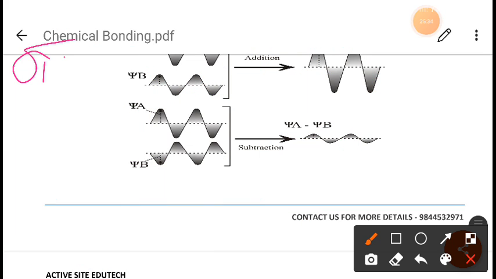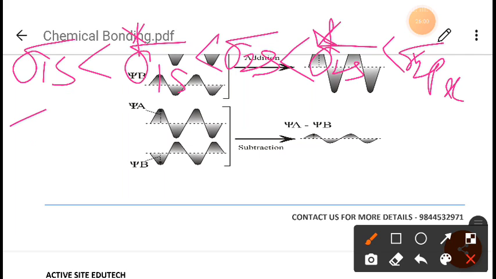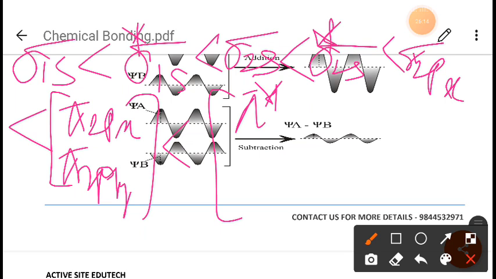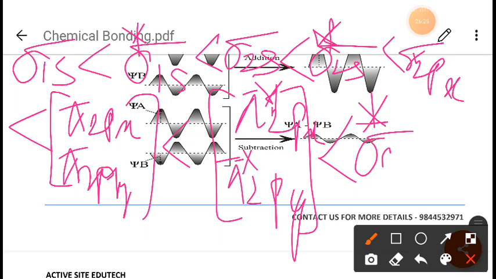First will be sigma 1s, after that sigma star 1s, after that sigma 2s, after that sigma star 2s, after that, as I have already told you, sigma 2pz, after that pi 2px and pi 2py, and after that pi star 2px, after that pi star 2py, and at last sigma star 2pz.